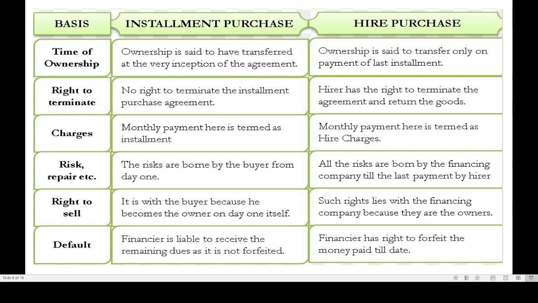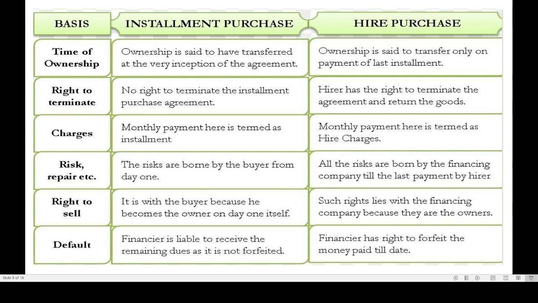The next one: under both installment system and hire purchase system, you have to make the payment. Under installment system, the payment you make monthly is called an installment, but under hire purchase system it is called a hire charge.